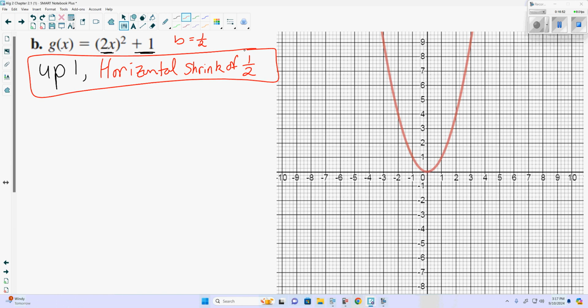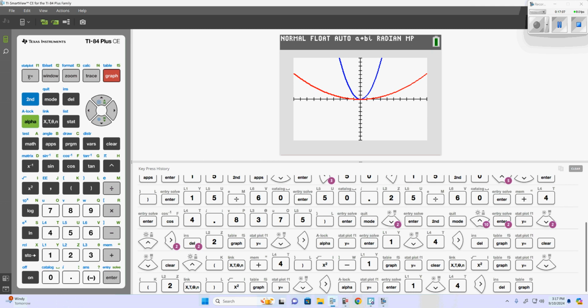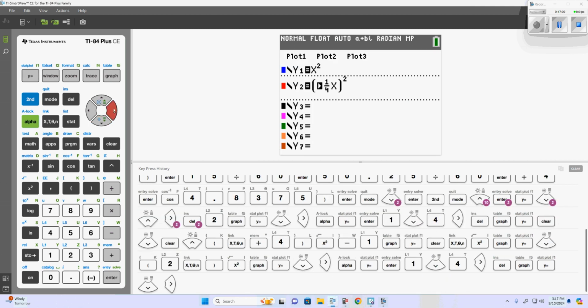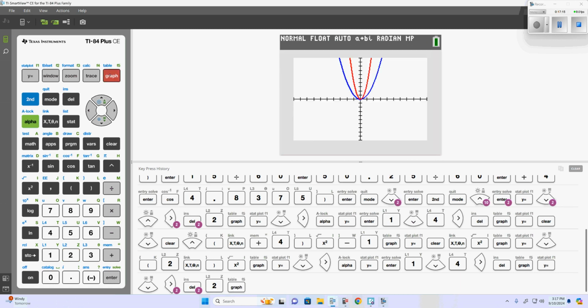So when we talk about horizontal shrink or stretch, we're talking about along the x-axis. If it's shrinking, it's going inward, getting smaller along the x-axis. So if we look at this here, the blue one is just our x squared.